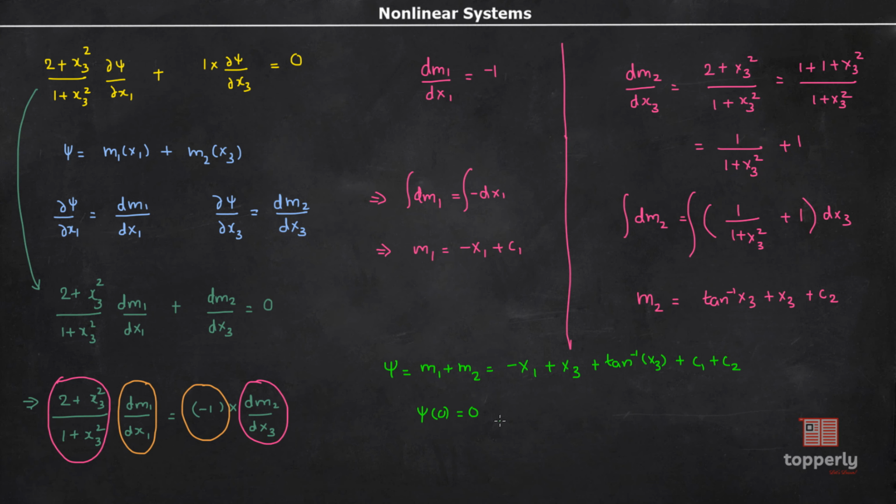Or in other words, the equilibrium point at origin in the original coordinates should be mapped into the origin of our transform space. Therefore, using this relation, we get c1 plus c2 is equal to 0. So psi is equal to minus x1 plus x3 plus tan inverse x3.